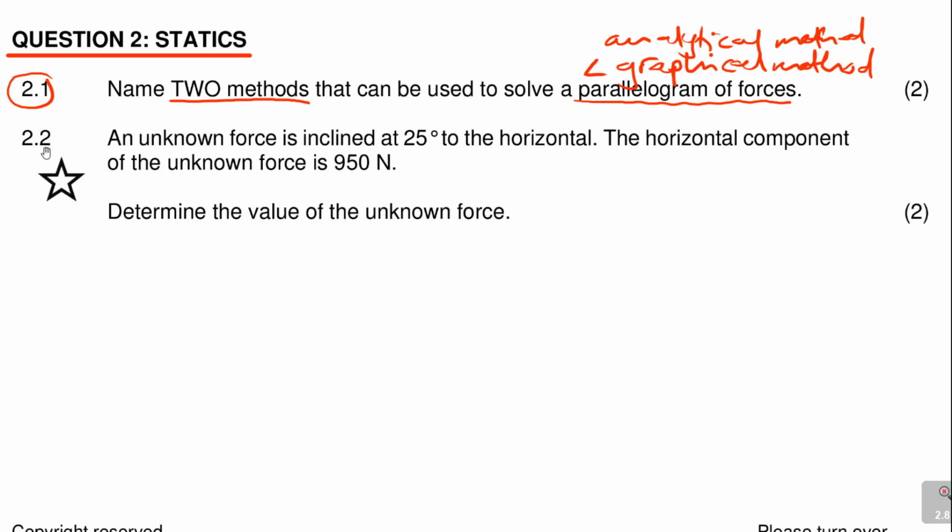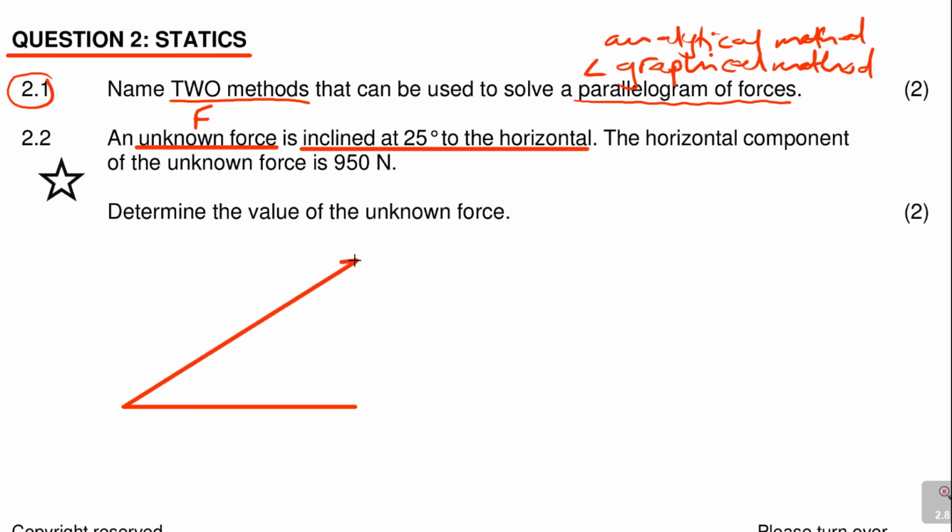And then the next one, 2.2, says an unknown force. Okay, it is unknown, so let's call it F, right? Is inclined at what? At 25 degrees to the horizontal. So let's sketch that already. The force is unknown, so this is my horizontal, like this, and this force is unknown like that.